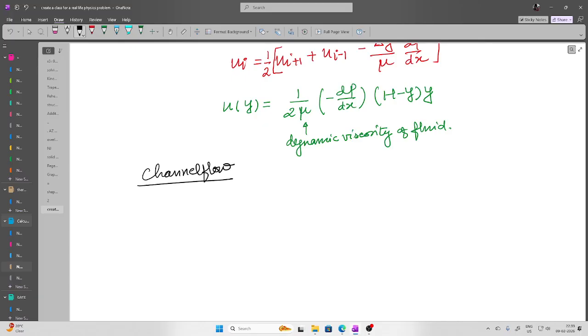To create this you should have some data members. So what should be the data members? The spacing between the plates, then the dynamic viscosity, that is mu, and the pressure gradient dp by dx. They all will be our data members, so these have to be supplied.